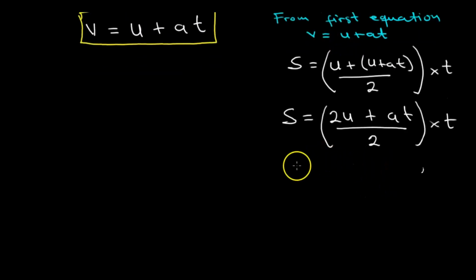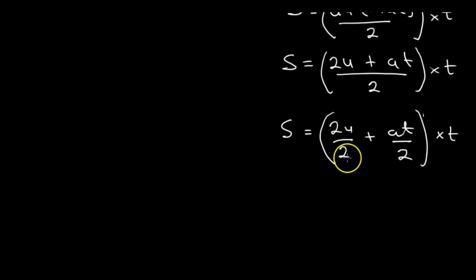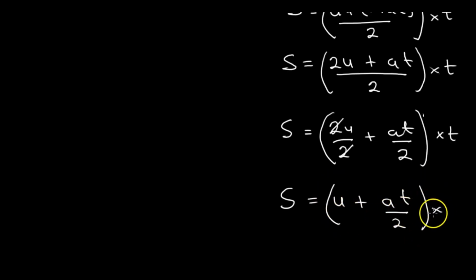So the easiest is to just split this fraction into 2 and say 2u over 2 plus at over 2, such that if you want to simplify back with the same common denominator, you just add the terms and you get back what is here. So 2 will cancel 2 and my formula is reduced to u plus at over 2, all multiplied by t.